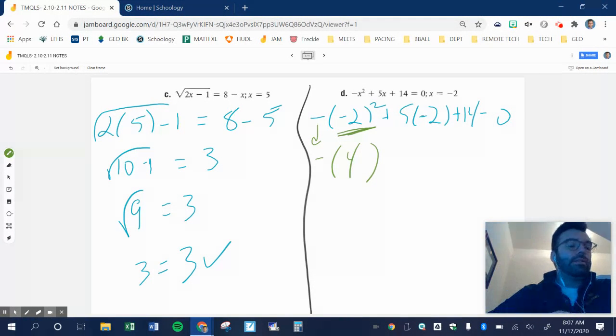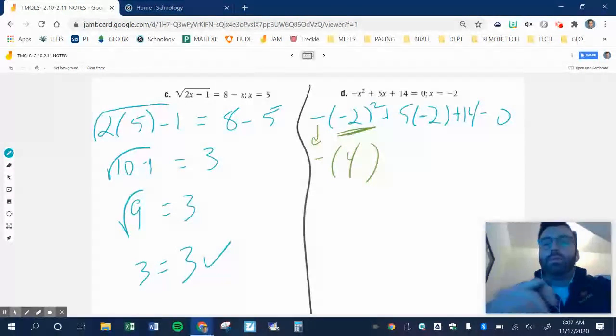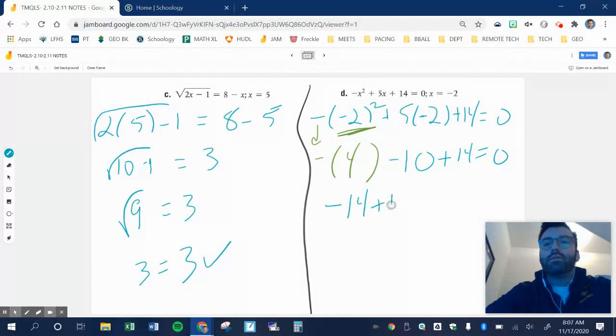I cannot stress this enough, and I continue to say this when we deal with negatives and squaring negative numbers in this class: use parentheses if you're inputting that into your calculator. 5 times negative 2 is negative 10, plus 14, does that equal 0? Negative 4, negative 10, that's negative 14 plus 14, so that is 0, and that equals 0, so we win. So negative 2 is a solution.